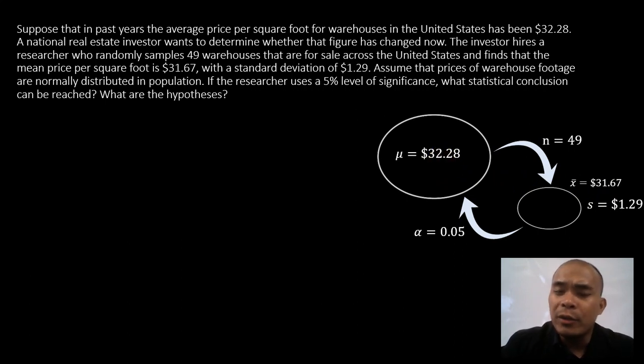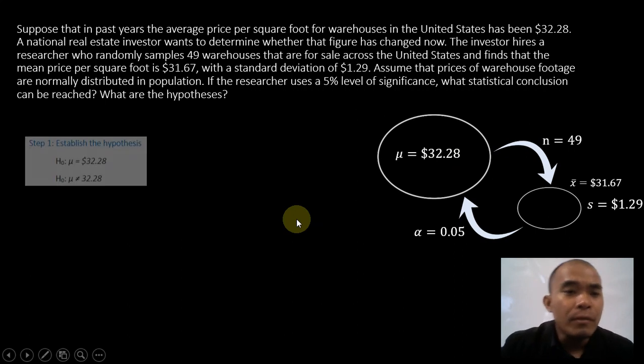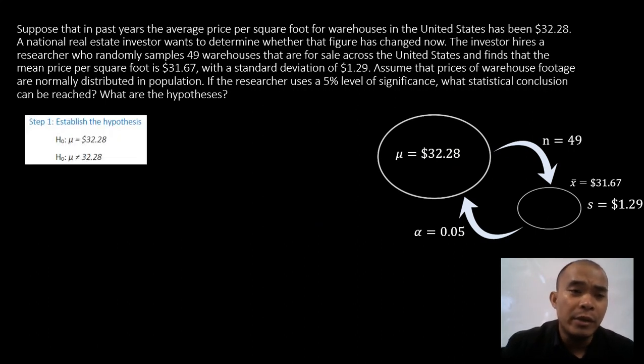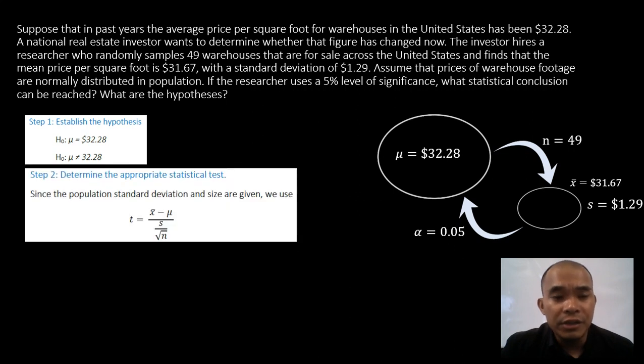Okay, so in order to answer that question, we have to solve it using statistics. So what's the hypothesis? Step one, we have to establish the hypothesis. The null hypothesis is always the equal sign. So the null hypothesis, the mean is still equal to 32.28, and then the alternative is the mean not equal to 32.28.